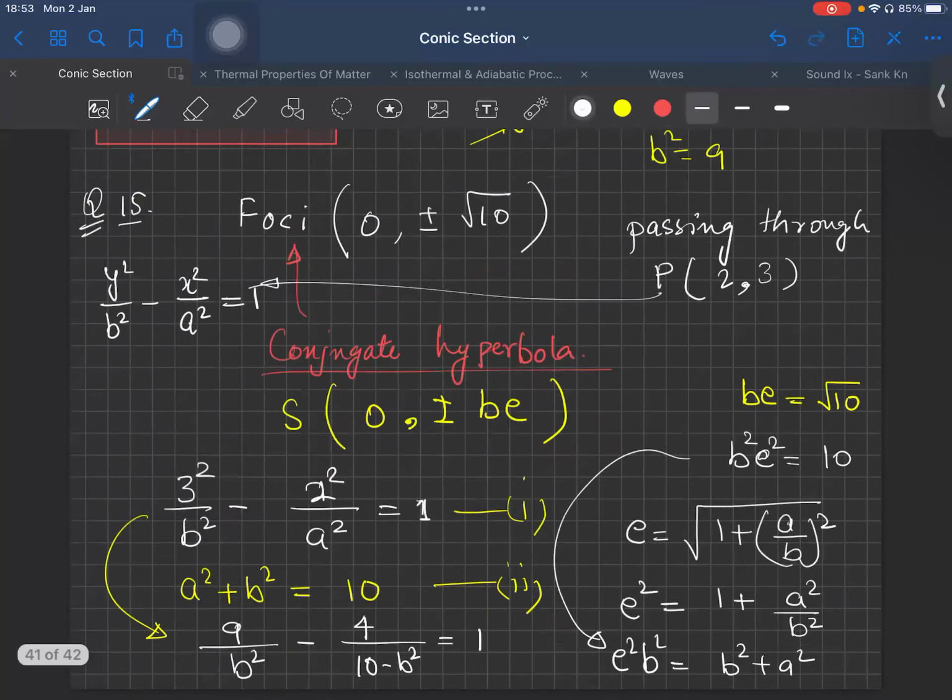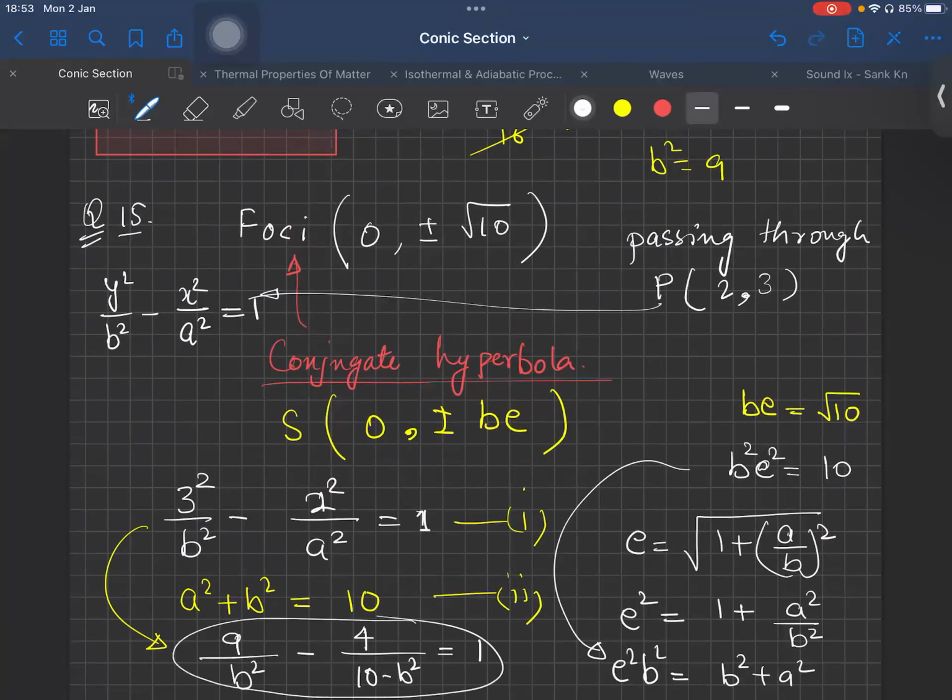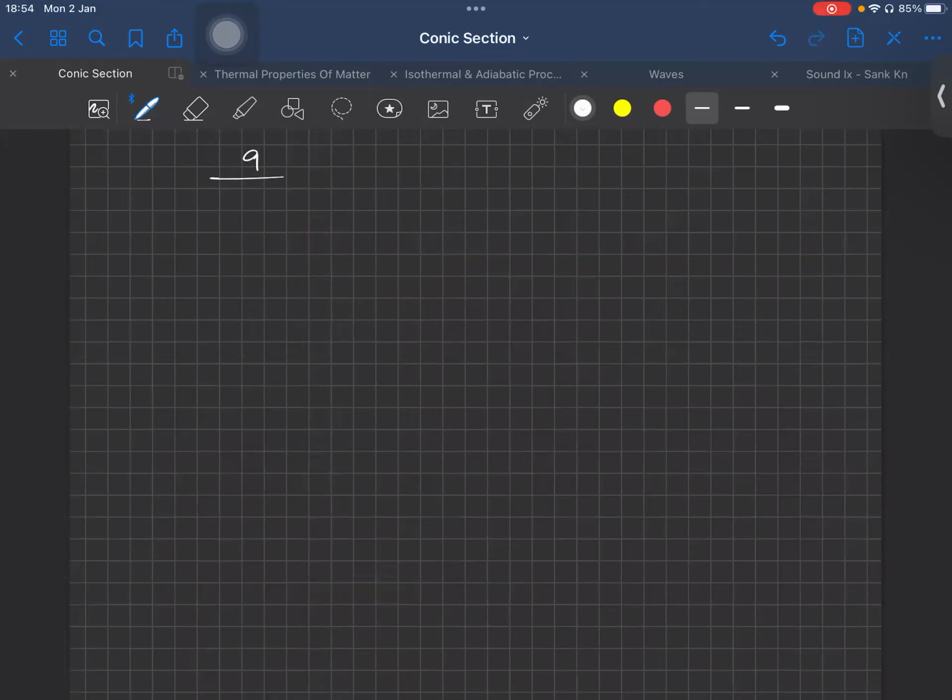So solve this one and tell me the value of B square. So 9 upon B square minus 4 upon 10 minus B square is equal to 1.